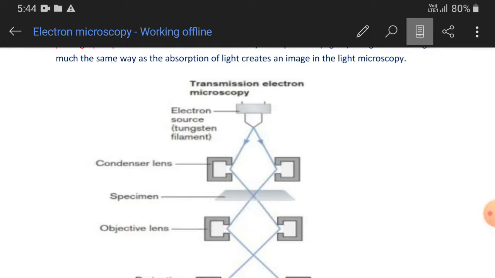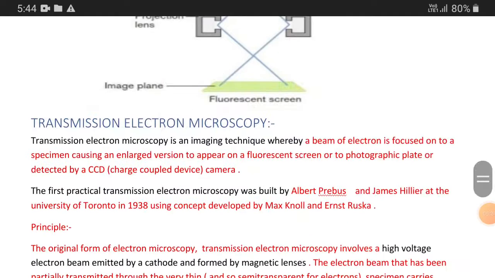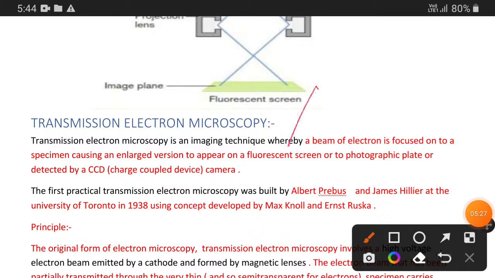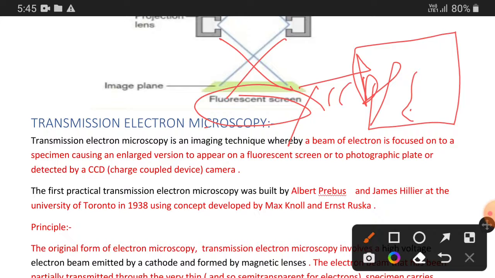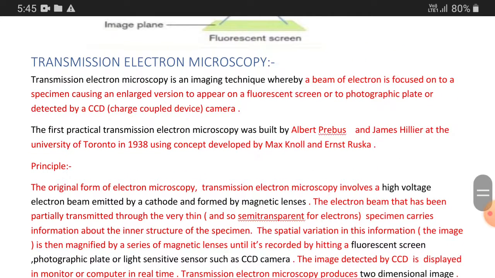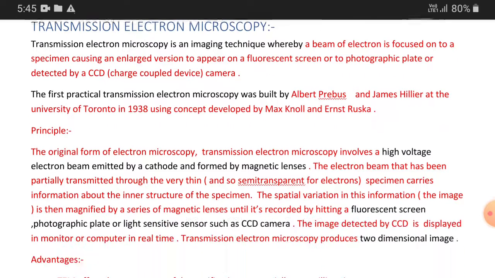Another important point is that here all the lenses are magnetic lenses, and the image planes that we use are a fluorescent screen, CCD or photographic plate. The electrons will hit the fluorescent screen and create an image that will be recorded in the computer program. So that is the idea of transmission electron microscopy, exactly the same as the original electron microscopy concept developed by Ruska and Max Knoll.